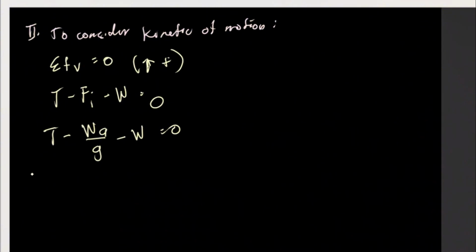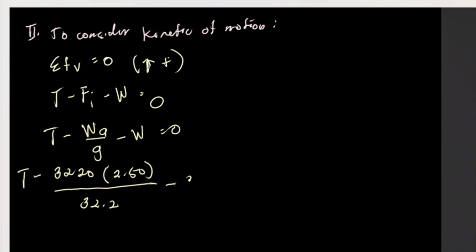The weight is 3,220 pounds, times the acceleration we computed as 2.5 feet per second squared, over 32.2 feet per second squared, the gravitational constant, minus the weight of 3,220 pounds is equal to 0.